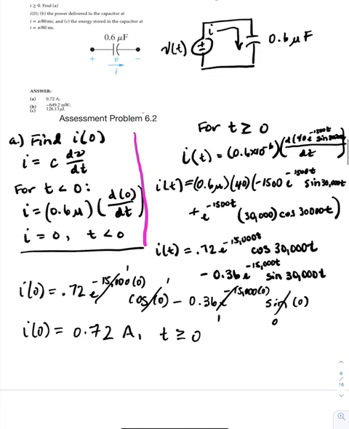So I want to point out something here, and that is that v of 0 minus is equal to v of 0 plus.